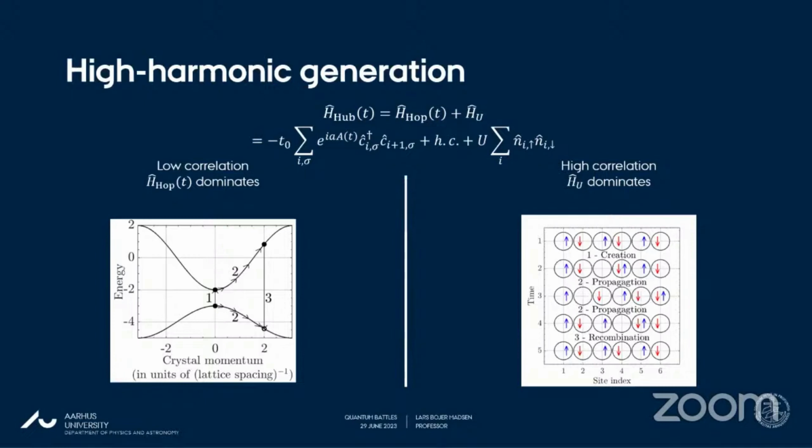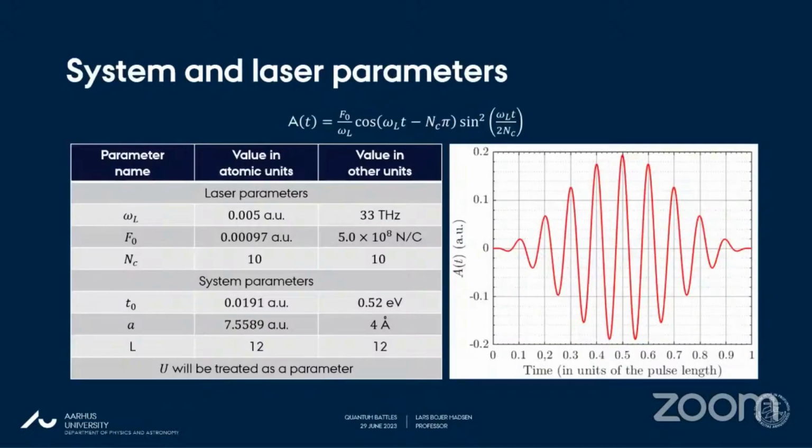And then in this picture, you can describe the same steps that we like, namely creation and propagation of a duplon and recombination, right? Now, to see some data, we take some parameters here for frequencies and field strengths and number of cycles that are typical.